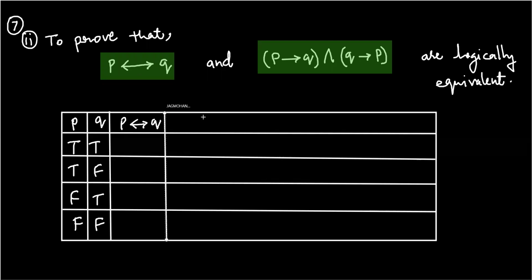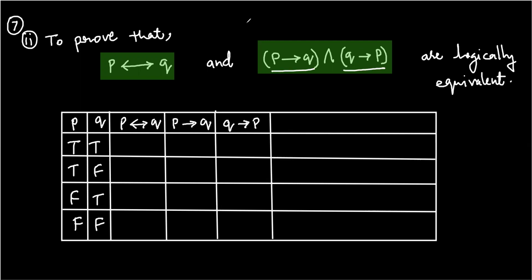Then I will go for P implies Q in the next column. And after that, I will go for Q implies P, which is the next bracket. So this is done.